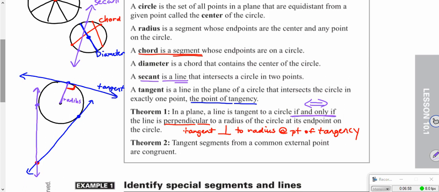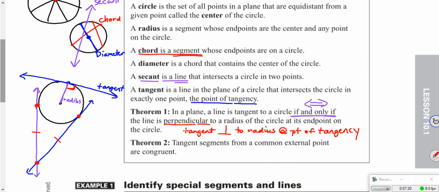Okay, if I've got two lines that go through some common external point, what this is telling me is that the segments from here to here, from here to here, these are congruent.